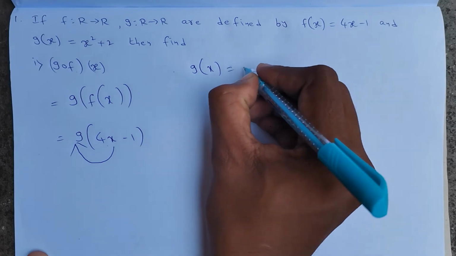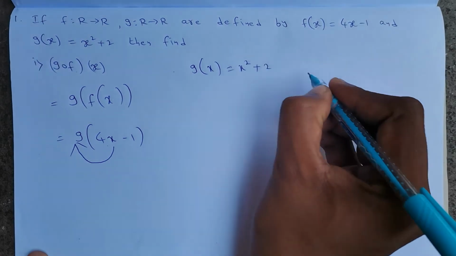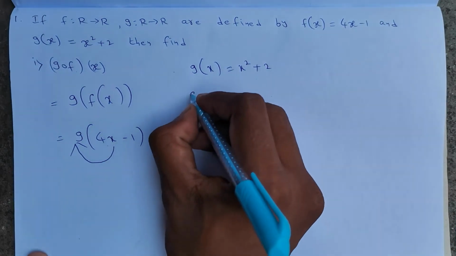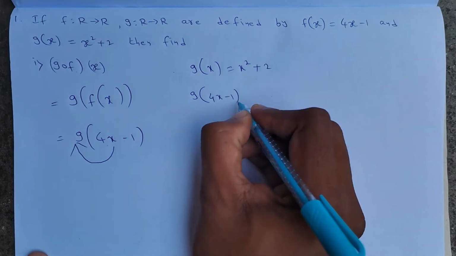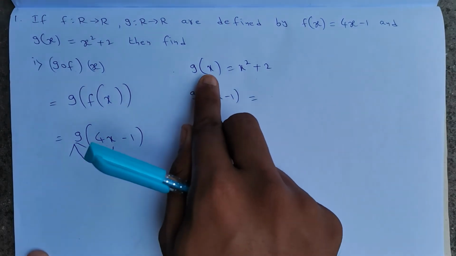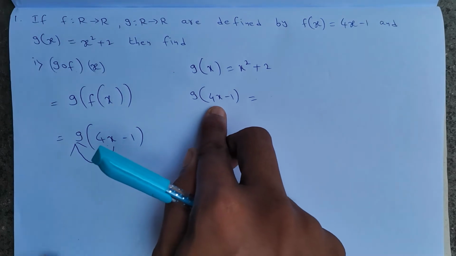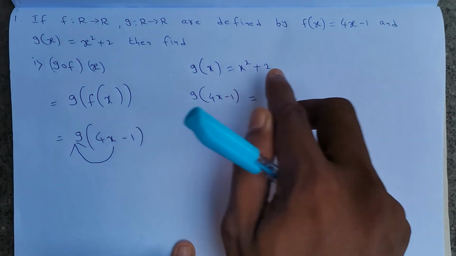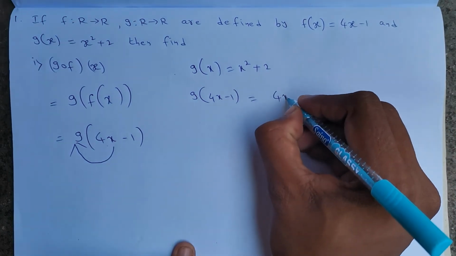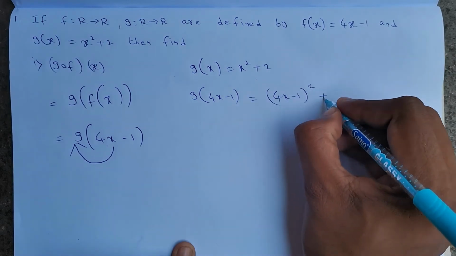g(x) is equal to x² + 2 and we are finding the value of g(4x - 1). It is very simple. In the place of x we need to substitute 4x - 1. So (4x - 1)² + 2.